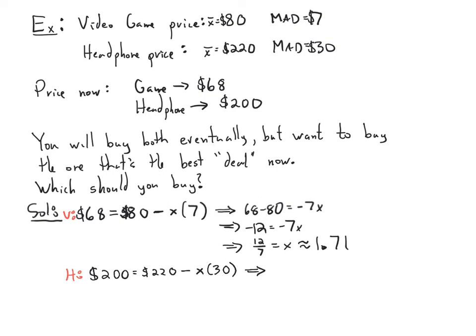Subtract 220 from both sides, so 200 minus 220 equals negative 30x. So that's negative 20 equals negative 30x. Dividing both sides by negative 30, we get 2/3 equals x, and that's roughly 0.67.